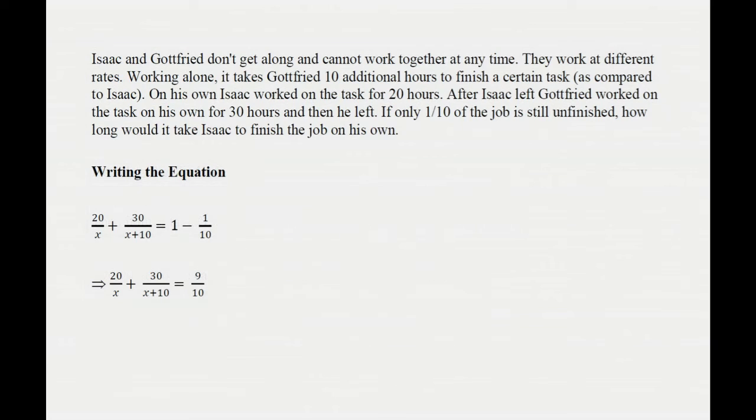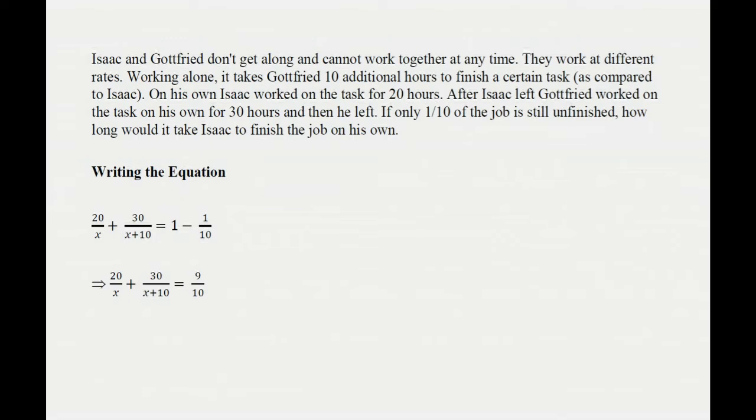So we have defined our variable, and we claimed on the previous slide that Isaac took X hours to finish the job on his own, and therefore Gottfried took X plus 10 hours to finish the job on his own.